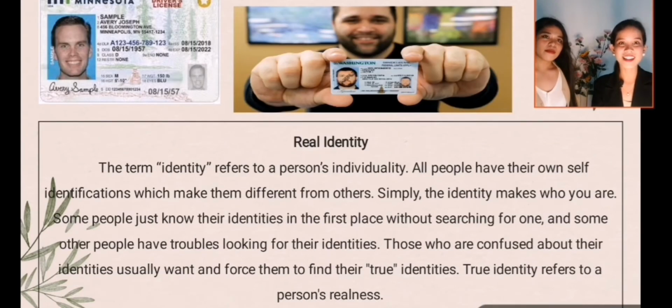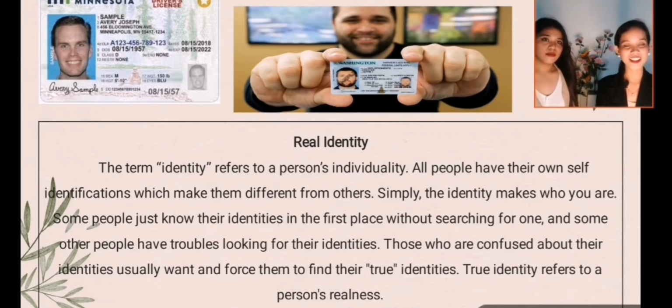So here guys, as you can see, naa siya real identity nga atong pwedeng himong example ani, and that is our personal ID, right? The term identity refers to a person's individuality. All people have their own self-identifications which make them different from others.